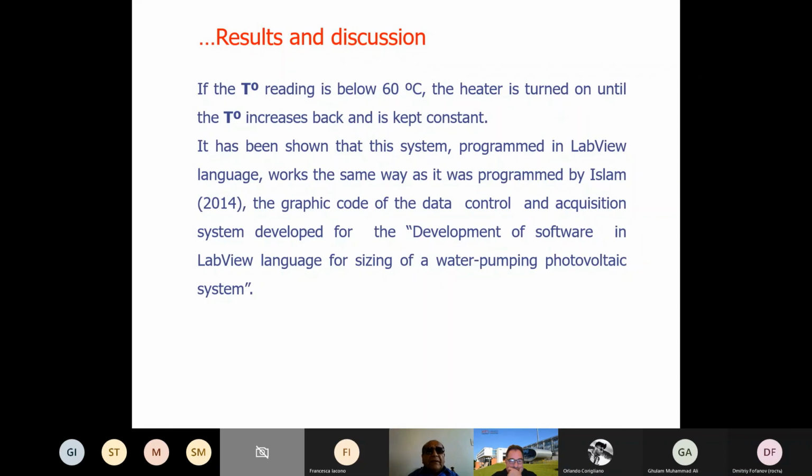It has been shown that this system programmed in LabVIEW language works the same as it was programmed by Islams, 2014, in the graphical code for the data control and acquisition system developed for the development of software in LabVIEW language for sizing of a photovoltaic system.